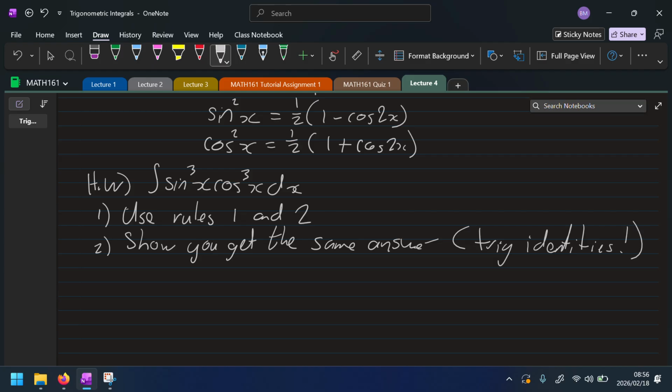So you treat it as a trig problem. You get your answer for number 1, answer for number 2. They'll look different, but you can use trig identities to show that they are actually the same. So part 1, part 2, please do that for homework and expect something like that for the test. Hint, hint.